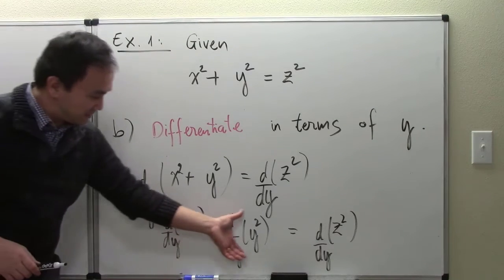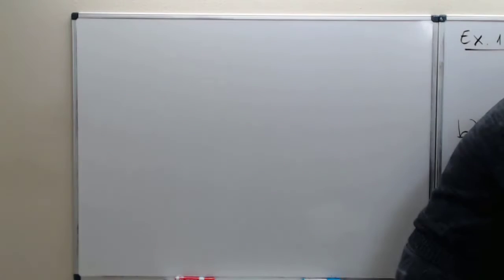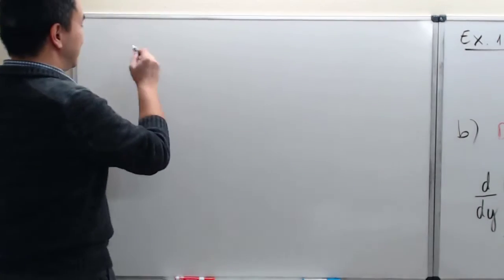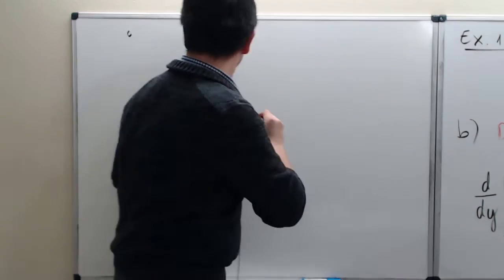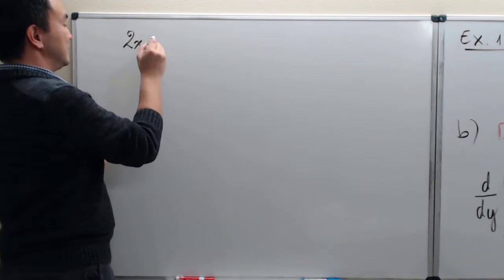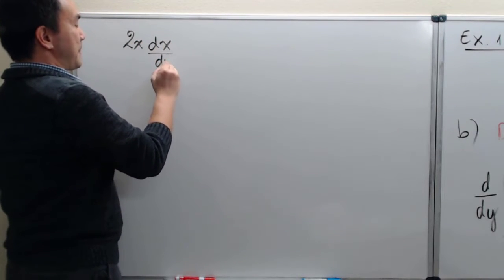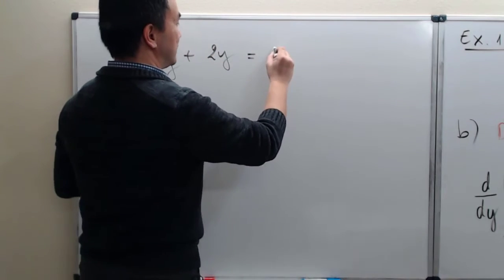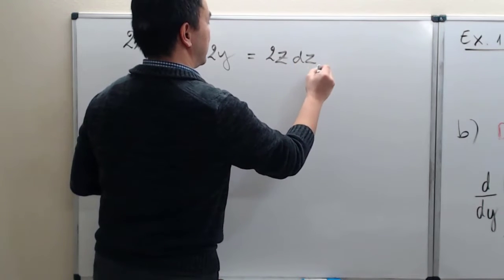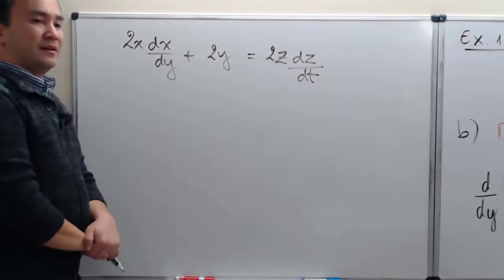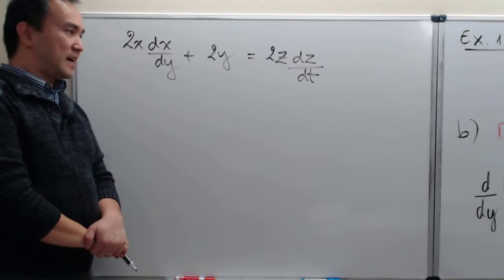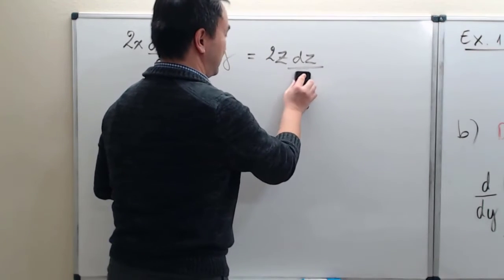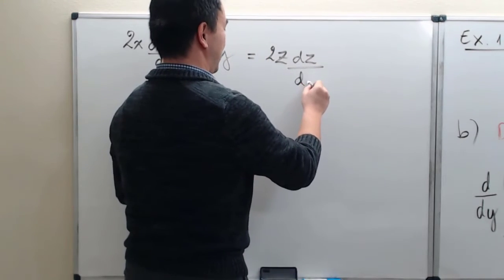And then from that step right here, in our next step we get 2x dx dy plus, but now it should say 2y, and now equals 2z dz dy. All right, so things are going just that simple. And wait, I mean this is dz dy, not dt. Okay, that's what I meant.